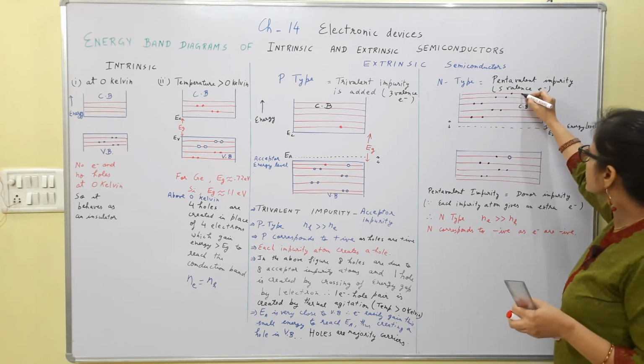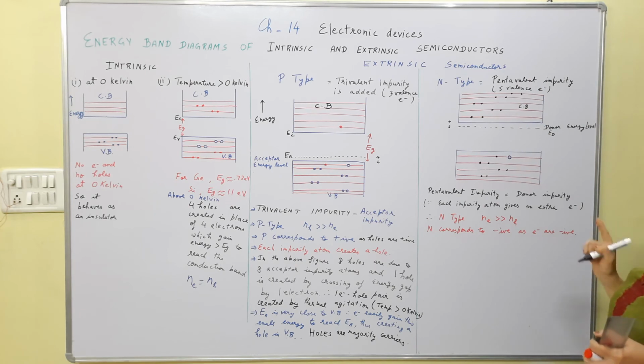If I draw 10 electrons, fine. These are 10 electrons in the conduction band.